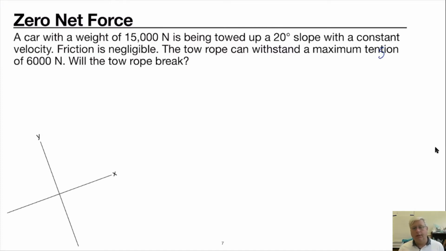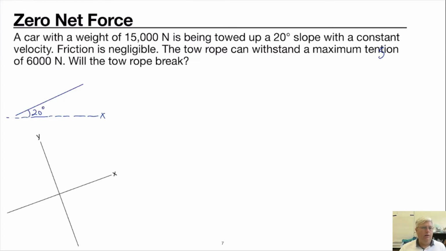So we're not given a sketch here or diagram, picture or anything. So let's go ahead and make one. We have a car being towed up a 20-degree slope. So I'm going to make a 20-degree slope here. To indicate it's 20 degrees, I'll make a dotted line for a flat surface. And so that's 20 degrees.